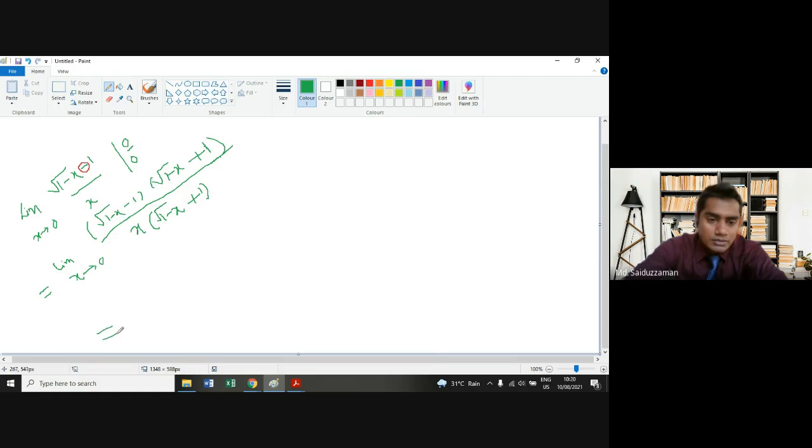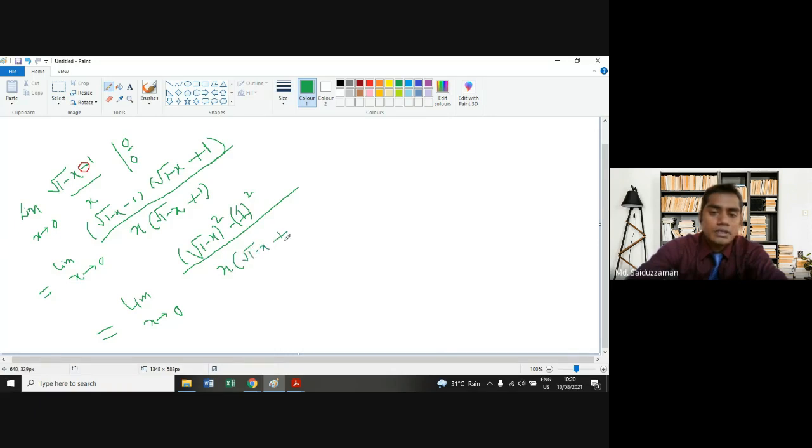So now simplify, please. Limit x tends to 0. By the a squared minus b squared formula, 1 minus x is a, squared. What is b? b is 1, so 1 squared, divided by whatever you got: square root of 1 minus x plus 1.